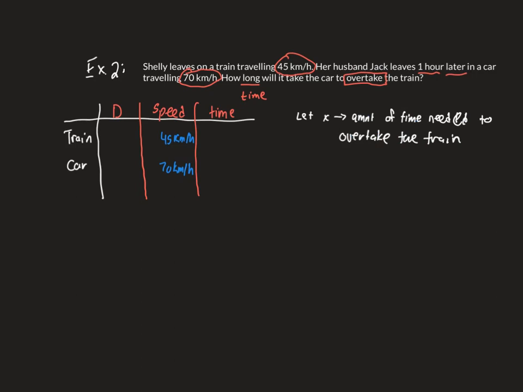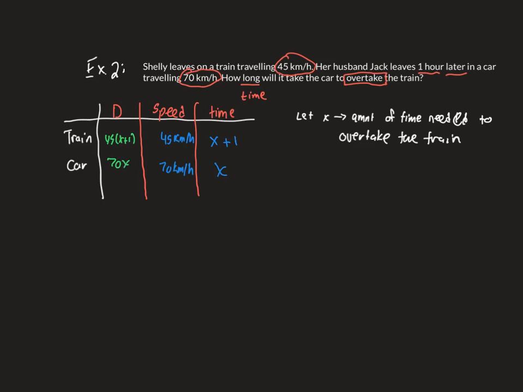All right. So, time. Again, my car's x, and my train was traveling for an hour earlier than the car, so x plus 1. That, once again, distance we know is speed times time, so my distance should be 45 times x plus 1, and 70x, essentially.